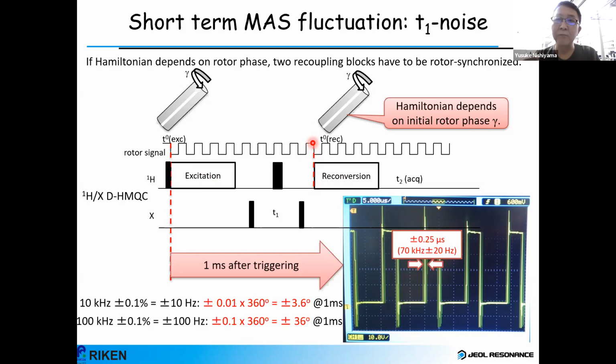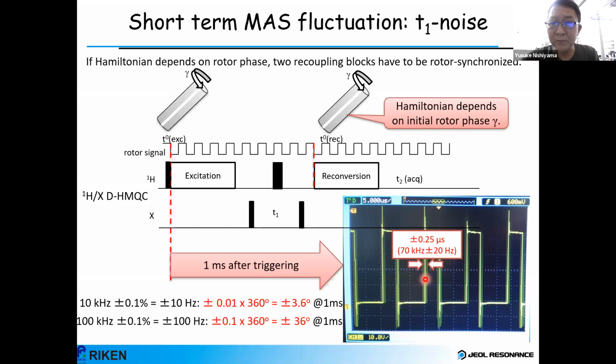However, there is always fluctuation. If you look at the rotor signal 1 millisecond after triggering, you see some small fluctuation of plus minus 0.25 microsecond. This corresponds to 70 kHz spinning frequency with 20 Hz fluctuation.